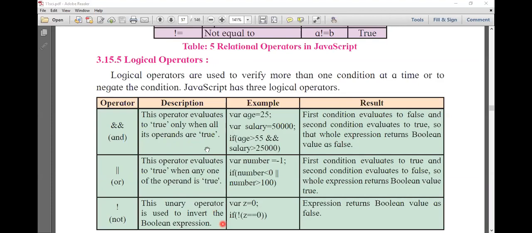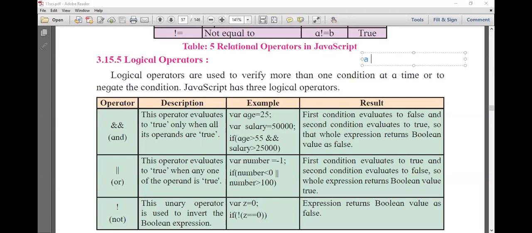Now here we will study how the AND operator works. For that I just open a text box. Now here we will check.